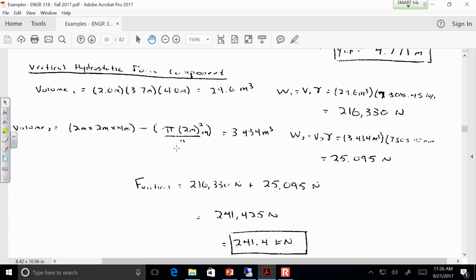Because times 4 is the depth into the page, divided by 4 is the fact that it's a quarter circle. So the net volume of that sliver segment, the curved shape immediately above the gate, is 3.434 cubic meters. Other questions before we get into buoyancy?